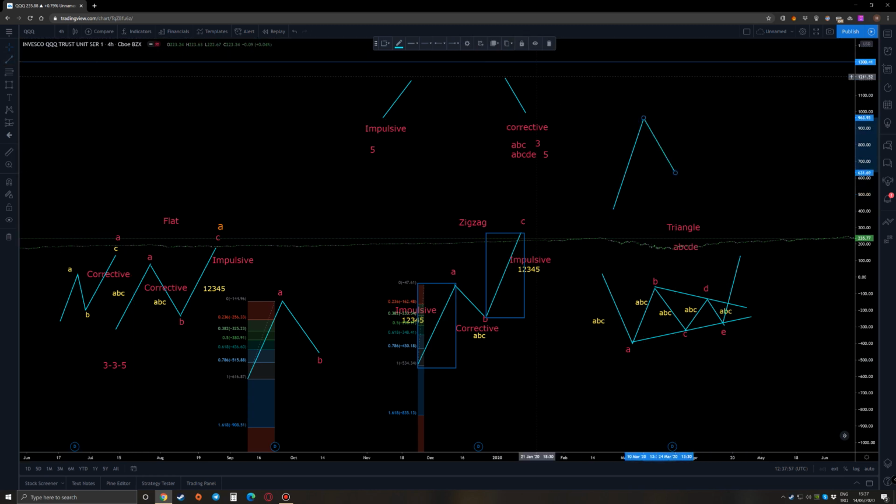So if you have a triangle like this, I'm drawing it now. So let's just copy it from here. So if you have A, you have a B, you have a C, you have a D, and you need an E.